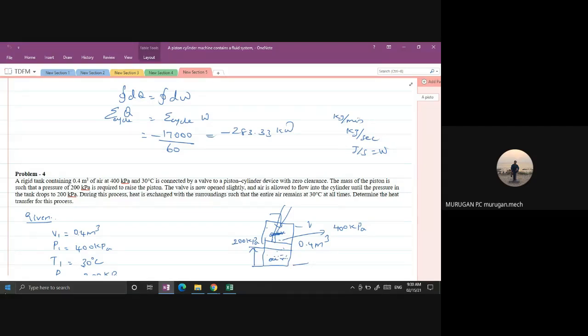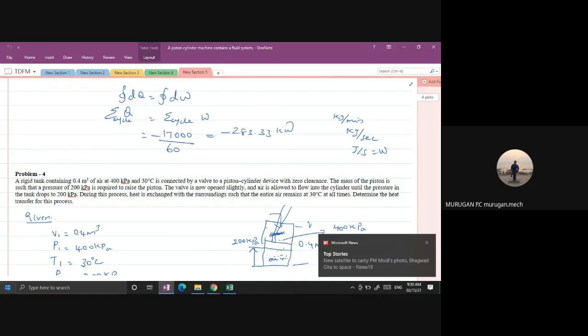The mass of the piston is such that a pressure of 200 kilopascal is required to raise the piston.